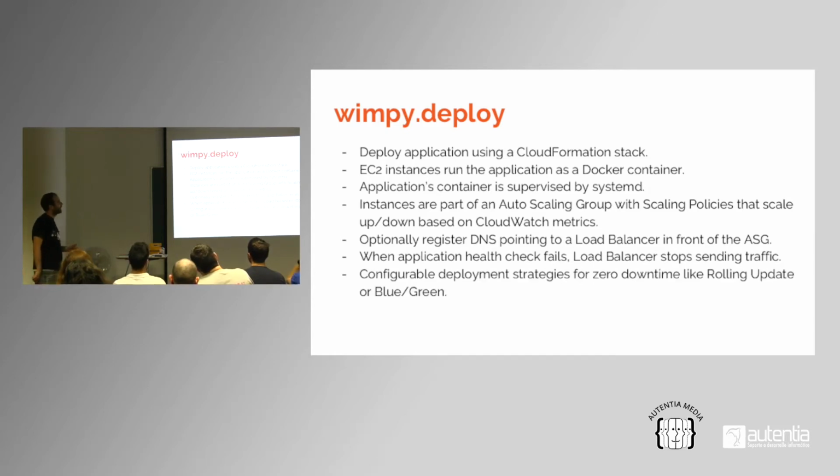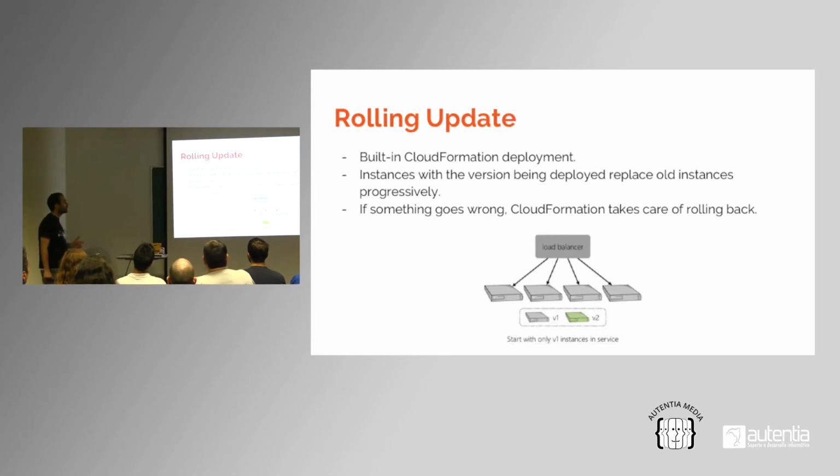And also, when you deploy, you can choose which strategy of deployment you want to use. Currently, there are two different strategies, which are rolling updates and blue-green deployments. And let's see what that means. When you choose a rolling update, we are using a built-in feature in CloudFormation, which is called rolling update.